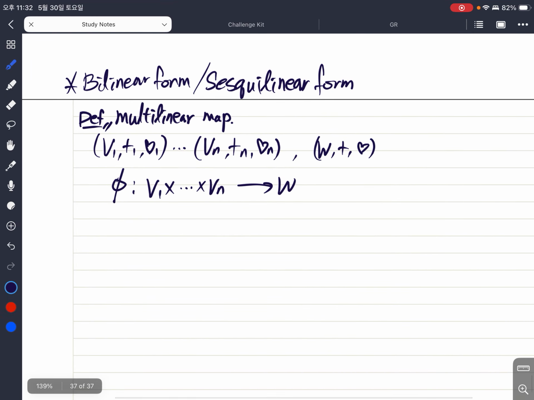Then we have a map, so we have a domain and a target. What remains is that we want to find some property the operation should satisfy, because we want to know how addition and multiplication change. A multilinear map is defined like this.